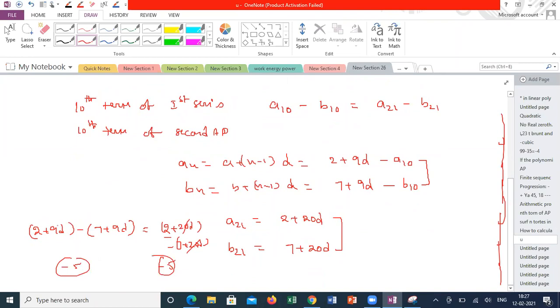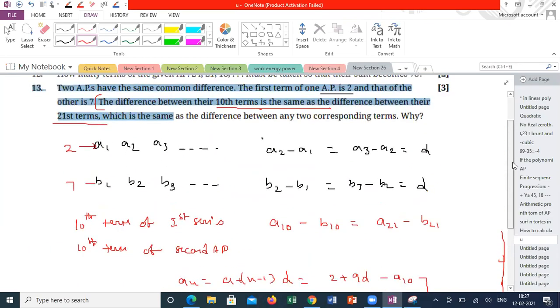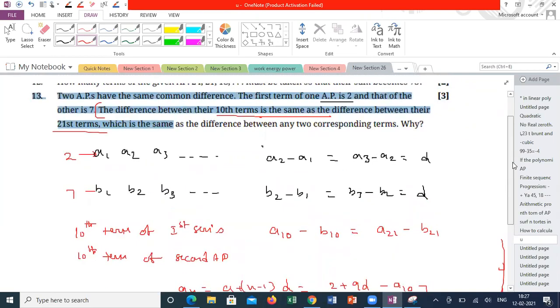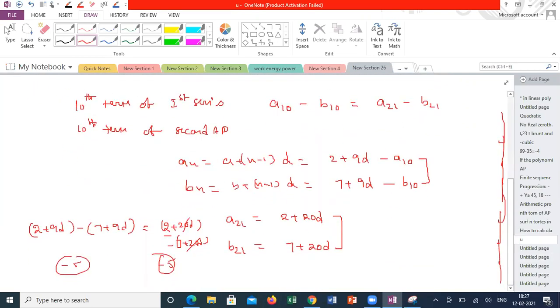What is common? If you observe, if you take any terms like this, the first term plus what other thing you are adding is common in both. If I take A10 and B10, the only variation is a, and n minus 1 into d is common.